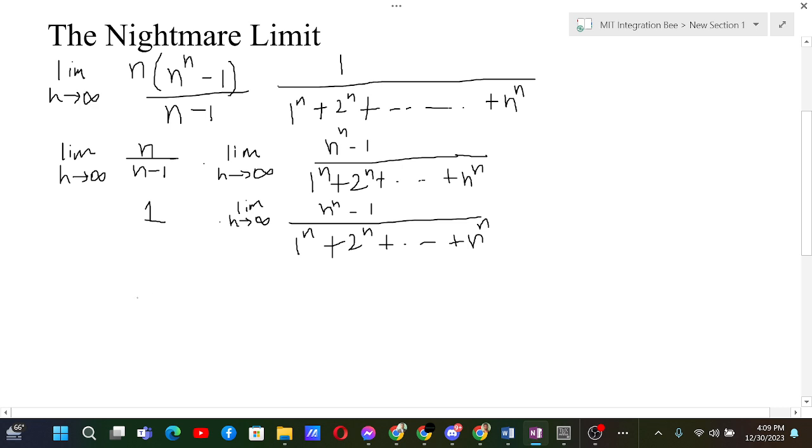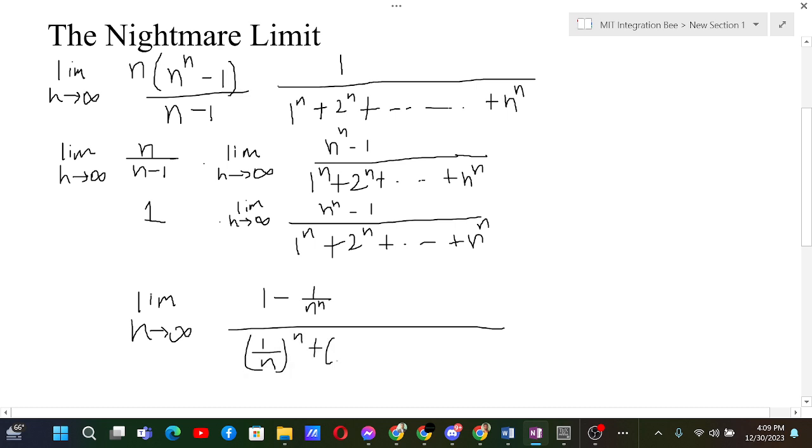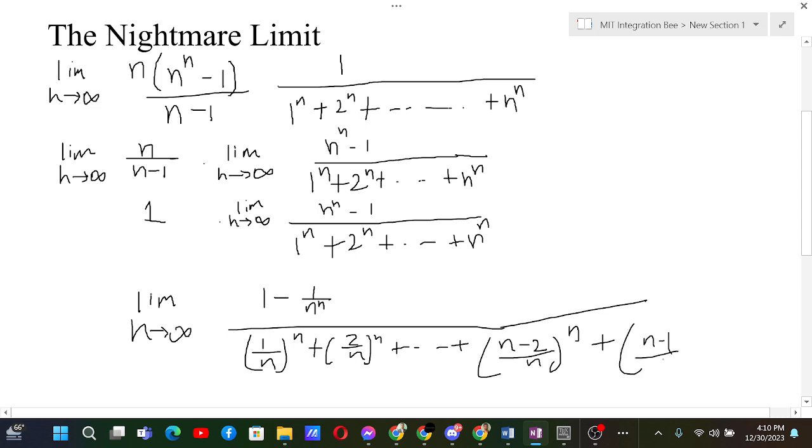If we divide both, the numerator will be 1 minus 1 by n to the power n, and in the denominator we will have 1 by n to the power n, 2 by n to the power n, and up to n minus 2 by n to the power n, n minus 1 by n to the power n, and n by n to the power n.